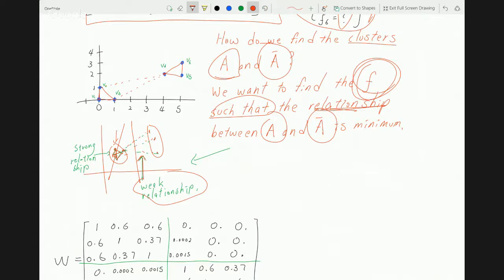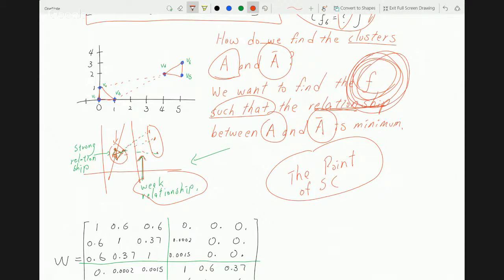I can't make this point more important. This is a very, very important point. The whole point of spectral clustering is to find the F solution that minimizes the relationship between the two clusters.